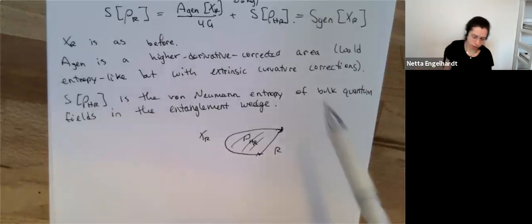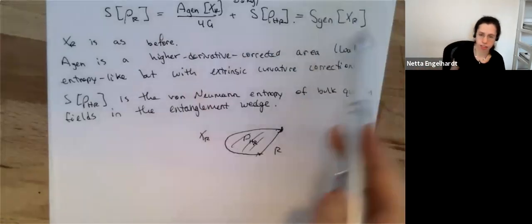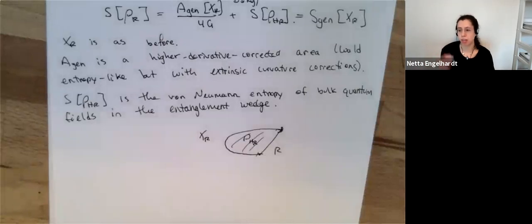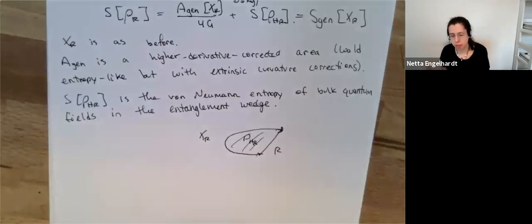In fact, Faulkner, Lewkowycz, and Maldacena didn't discover the generalized entropy. This is something that was around in black hole mechanics for a very long time. It was dubbed the generalized entropy actually by Jacob Bekenstein, so it's worth taking a little trip back down memory lane. If you recall, Jacob Bekenstein was the one who initially proposed that there was some kind of gravitational entropy, and that was version 0 of holographic entanglement entropy.